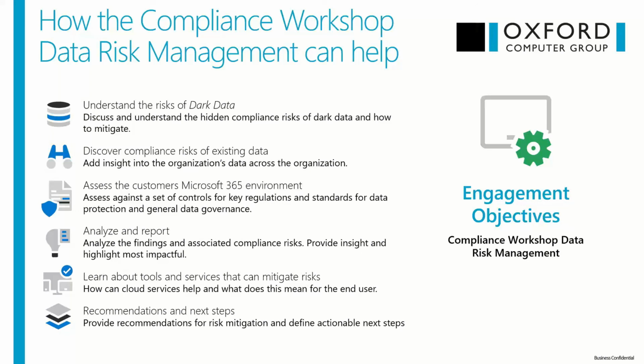And then the Analyze and Report portion of the activity uses an automated discovery process that will run for about 2 weeks, and it can crawl through the existing organizational data while searching for content that can impose a compliance risk.